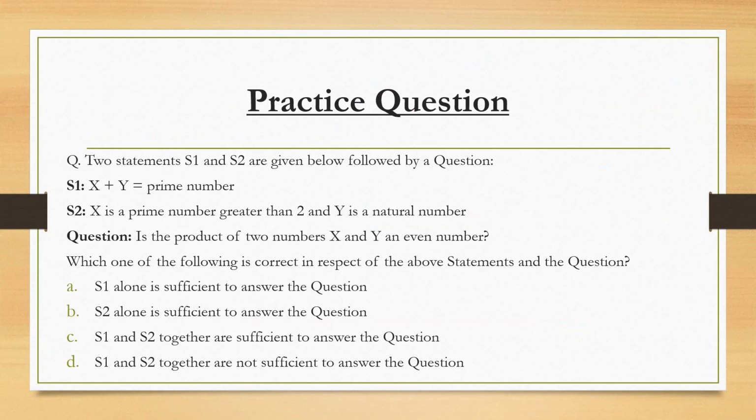So what you should get is a definite yes or no from the statements. Statement 1 says x plus y is a prime number. Statement 2 says x is a prime number greater than 2 and y is a natural number. Try this one out.